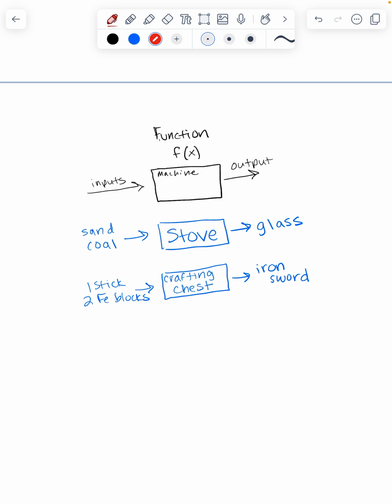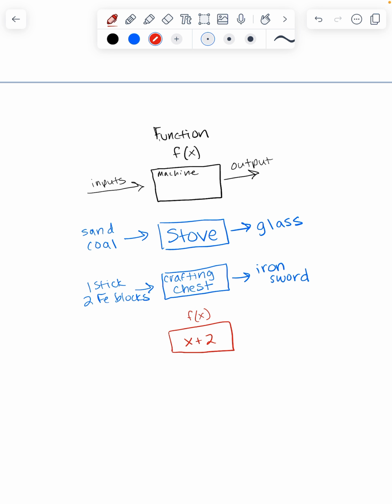Now let's talk about functions with a math example. So if I have my function box, and my function that I'm going to have is that it's x plus 2. So x is whatever my value is that I'm putting into my machine or my function. And so I'm going to add 2 to that to get my output.